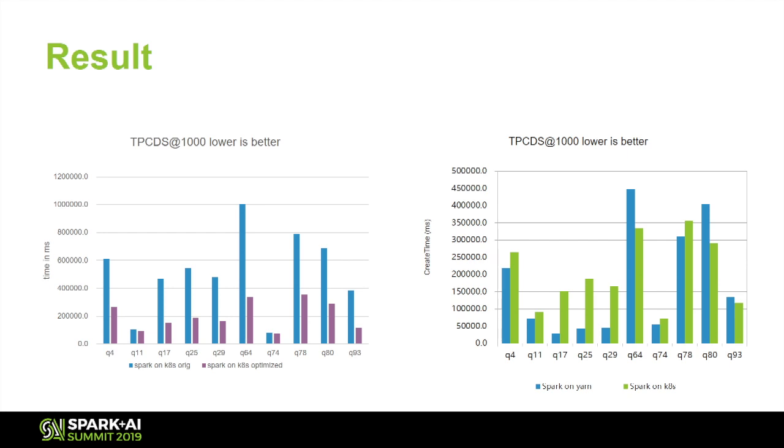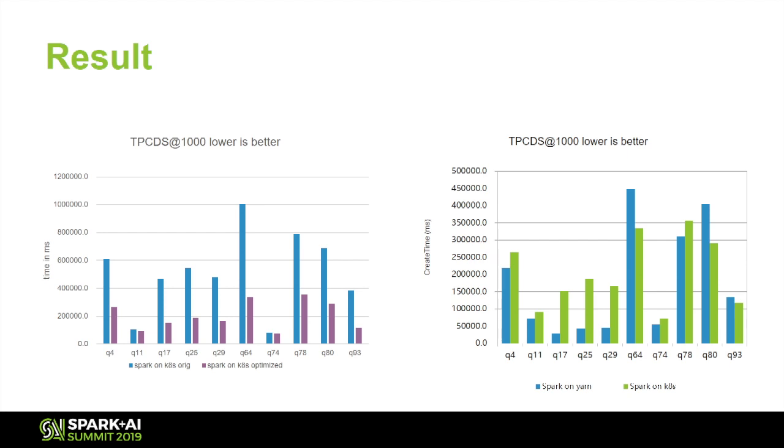I think some of them perform better than Spark on Yarn. Some perform worse, so we may still have something to improve. But that's the fix. I think we fixed the Spark local storage issues.